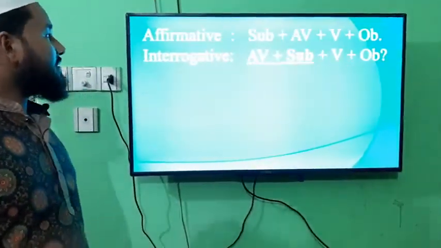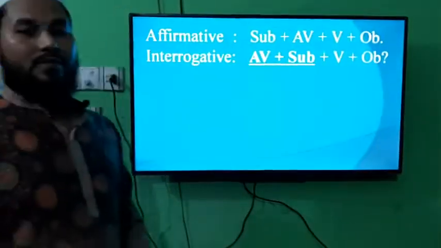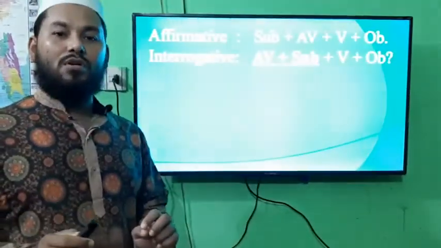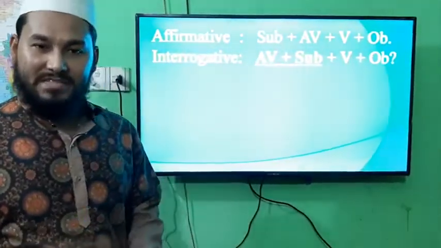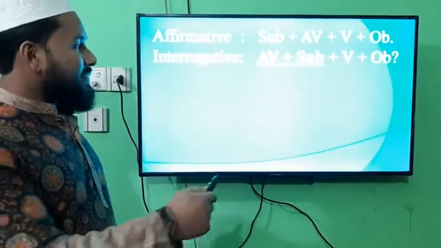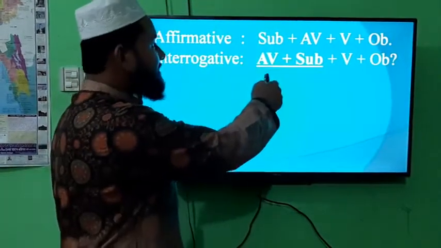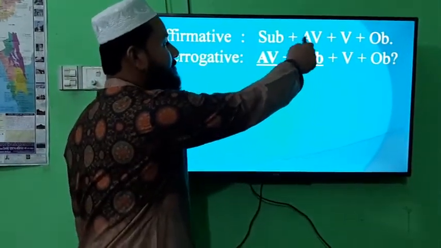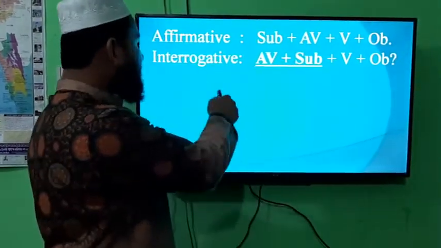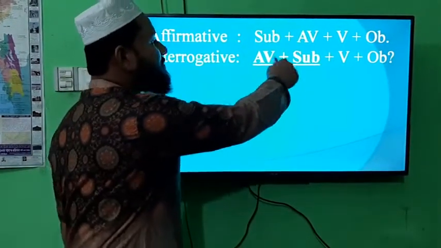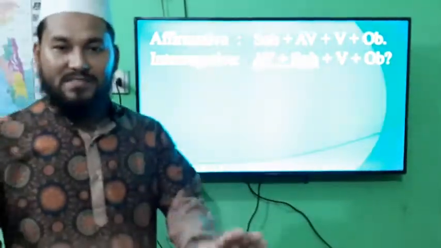Okay. Next, we have to know also the interrogative structure. What is the basic difference? In an affirmative sentence, the auxiliary verb is after the subject, but in interrogative, the auxiliary verb is before the subject. That is the basic difference.